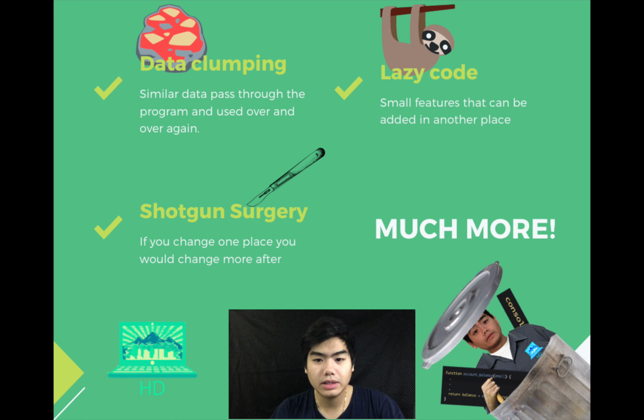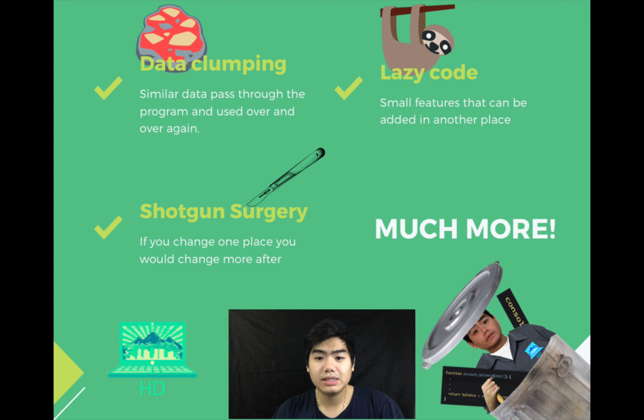Then there's shotgun surgery, where if you are making a single change, instead of changing it in one place, you have to change it in multiple places. That would be very inefficient to refactor, because you have to refactor a bunch of other places. And there are a lot more things that I haven't mentioned yet, and other things that you'll probably see inside of your coding as well.